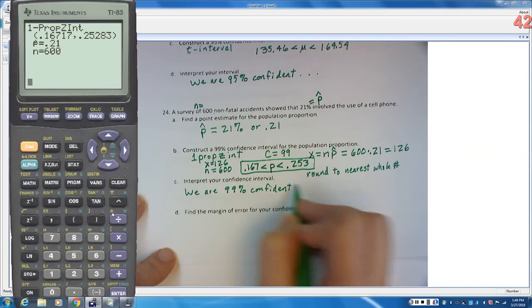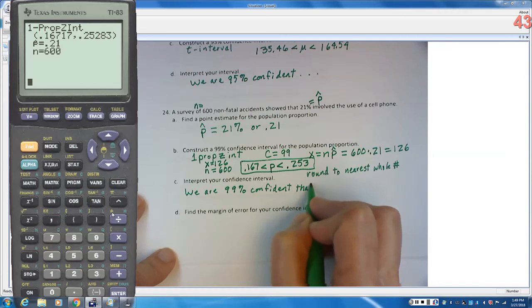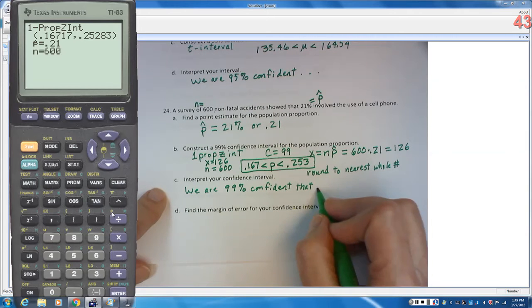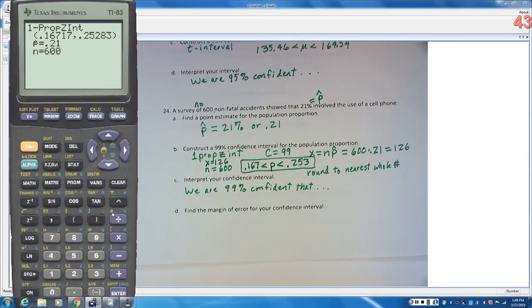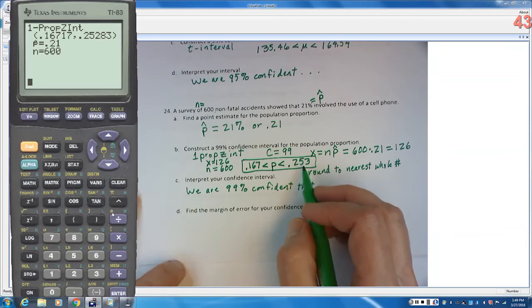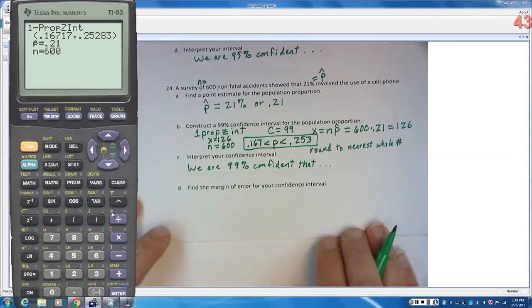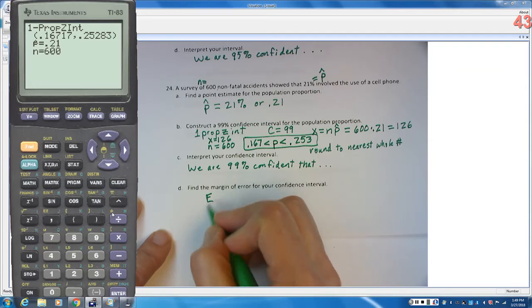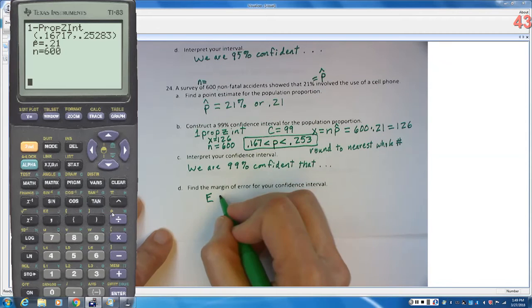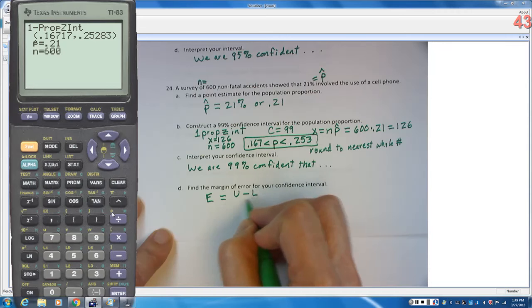We're 99% confident that the proportion of car accidents that involve cell phone use is between 16.7% and 25.3%. Find the margin of error. Don't use a formula now. It's going to be the upper minus the lower divided by 2.